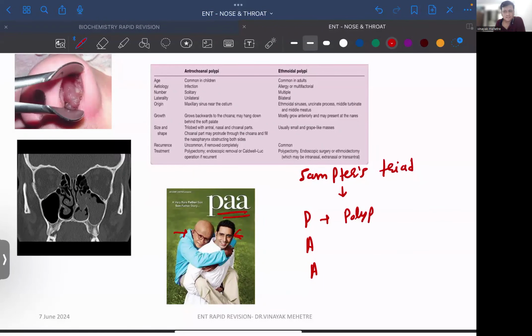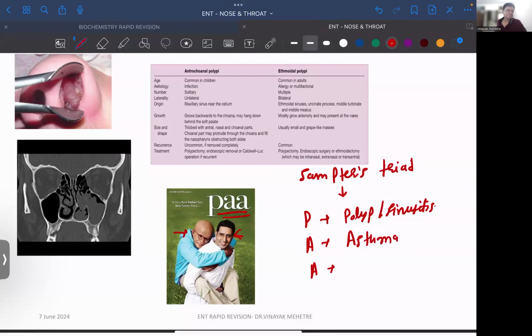Polyp, that is nasal polyp or sinusitis. A stand for asthma. Now tell me aspirin sensitivity or aspirin insensitivity happens in Samter's triad.